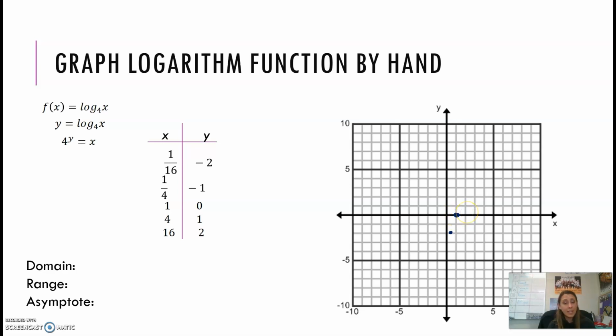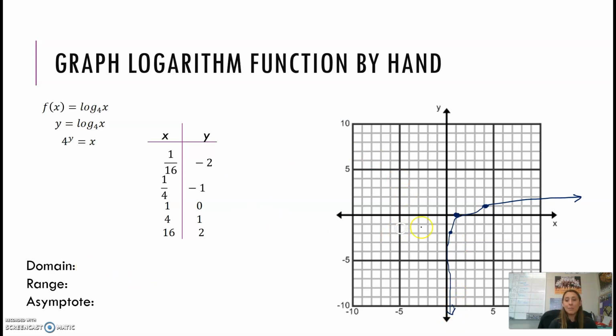And then when x is 4, so 1, 2, 3, 4, my y is 1, right up here. And then x is 16, and it'll be 2. So my graph is going to look something like that. Okay, again, just be kind of lenient with the shape.